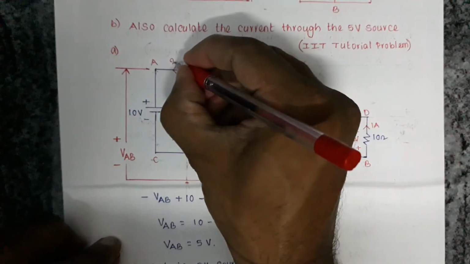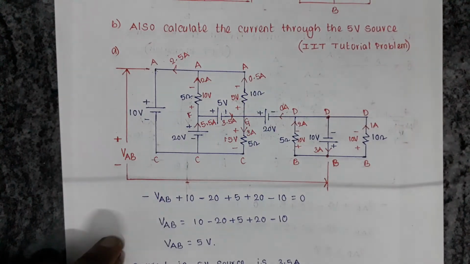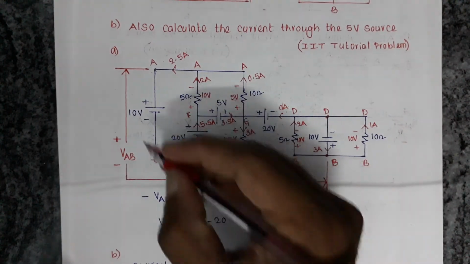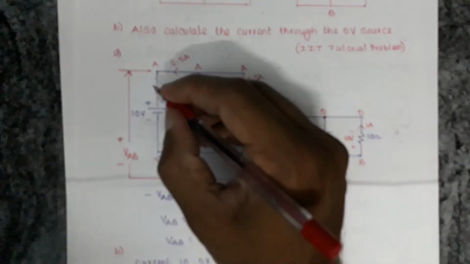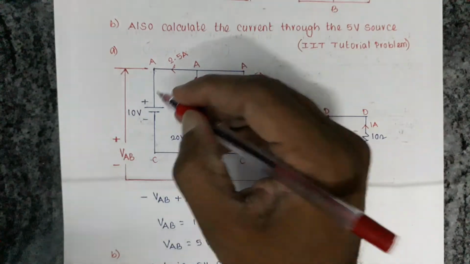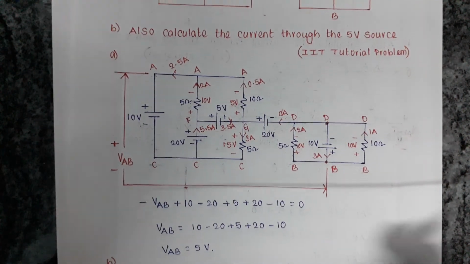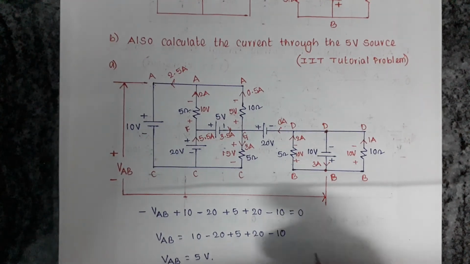So the current in this is 2.5 amperes. In that way we can find the current in all the voltage sources.